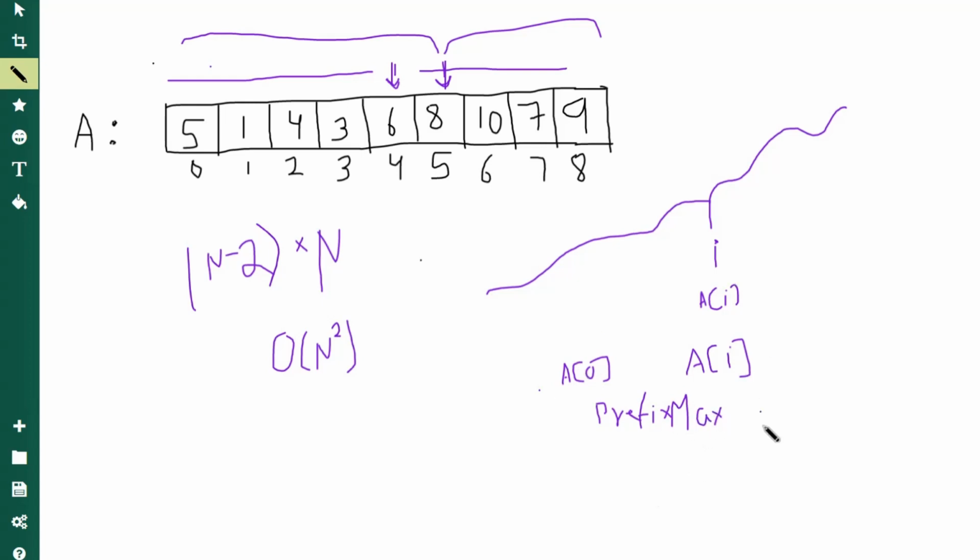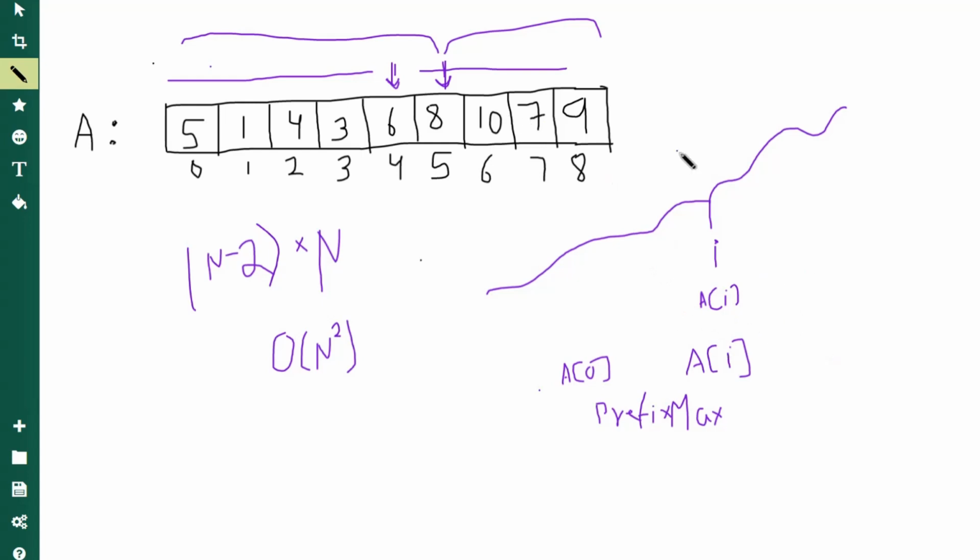If this largest element is greater than the element a of I, that means there exists an element before I which is greater than it. That means this is not a valid index. So for I to be a valid index, the prefix max must be equal to a of I, because only then can we make sure that all the elements before I, namely from 0 to I minus 1, are strictly less than a of I.